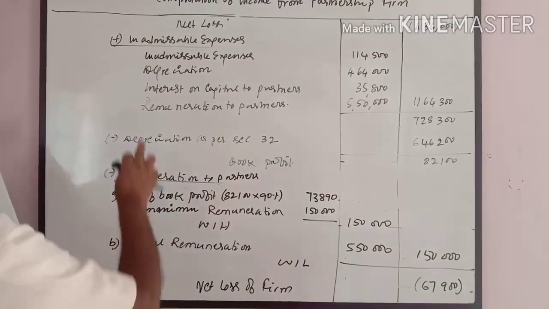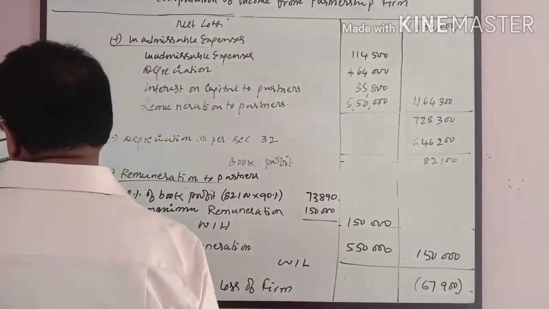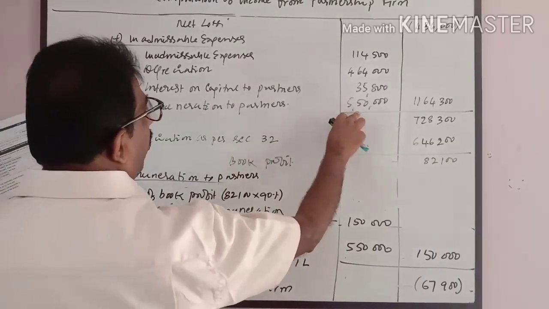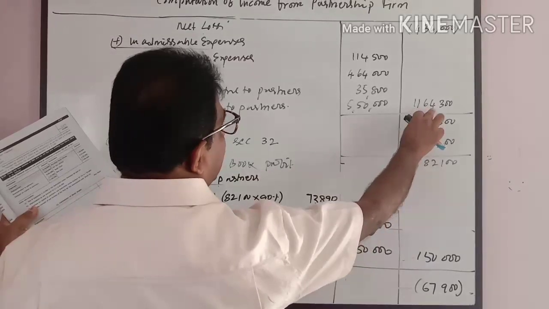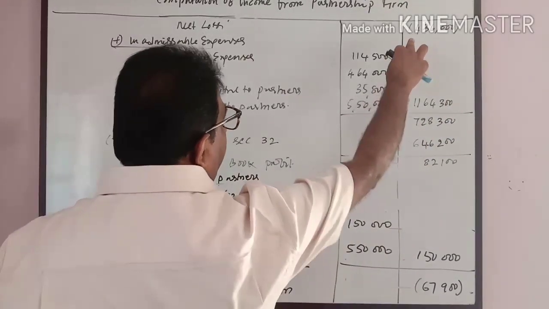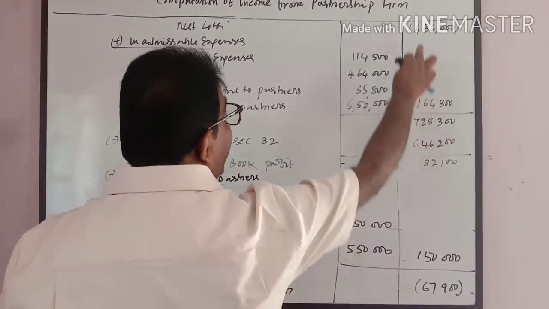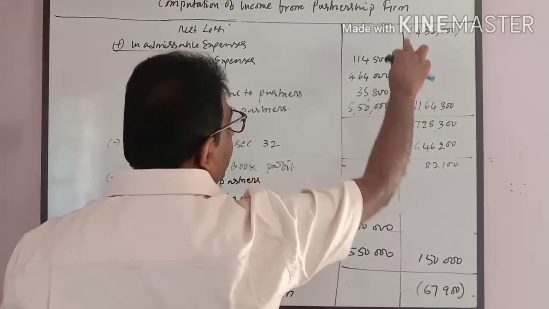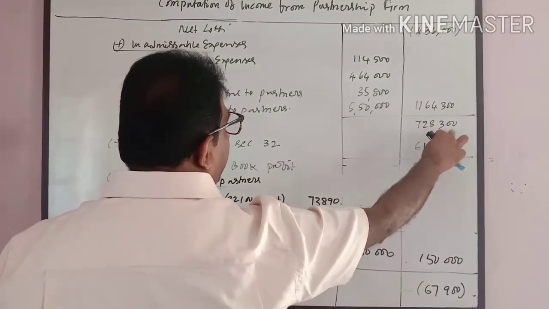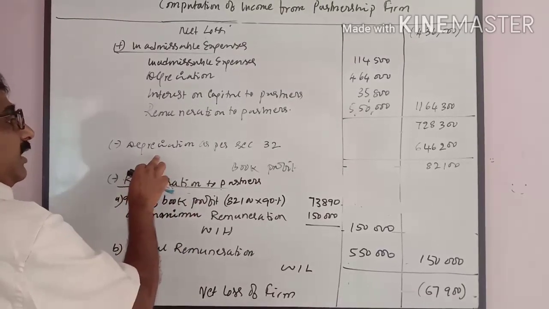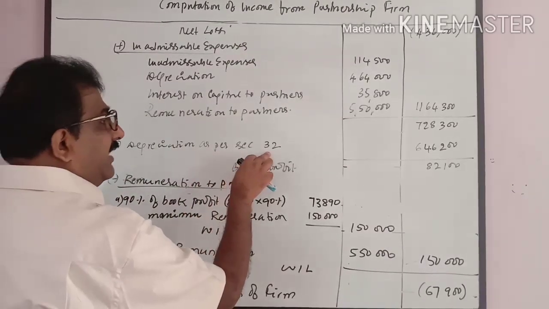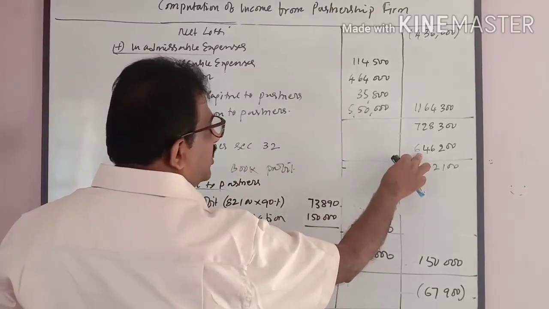Remuneration to partners, whatever is given in the P&L account, just add back to the profit, 5,50,000, so that we get total 11,64,300. 11,64,300 minus 4,36,000, because it is a net loss, you get 7,28,300.